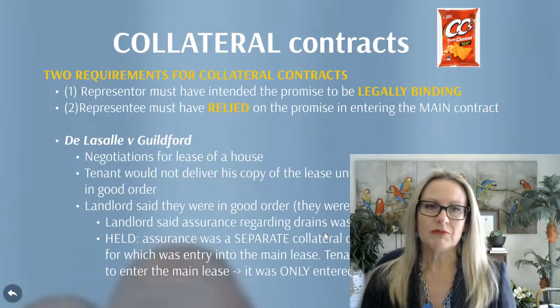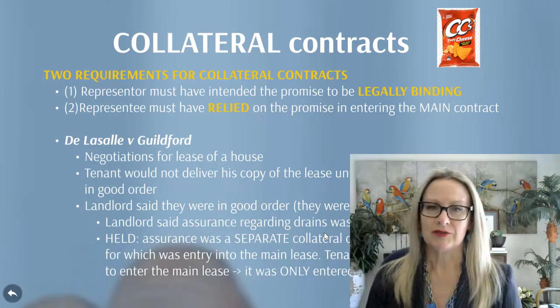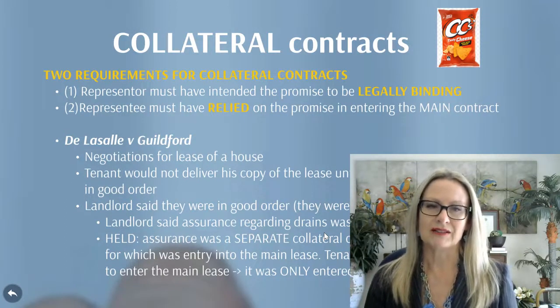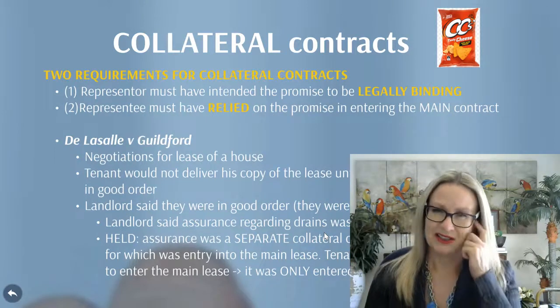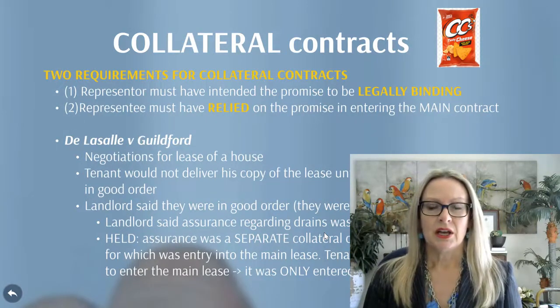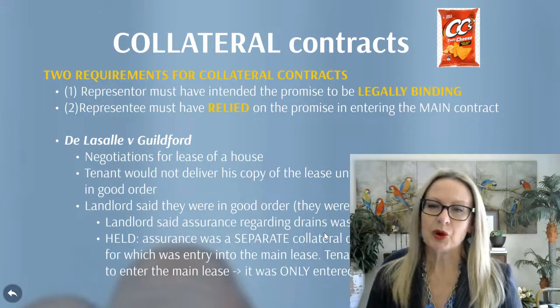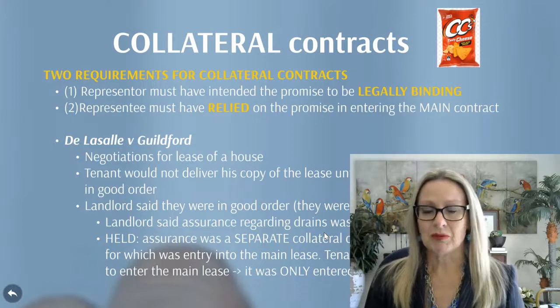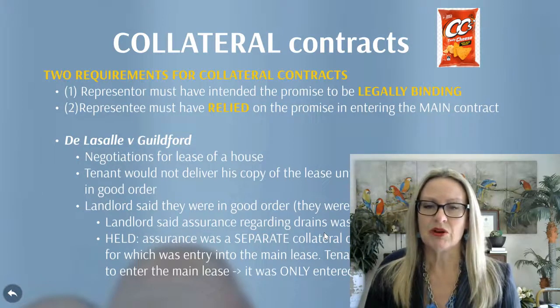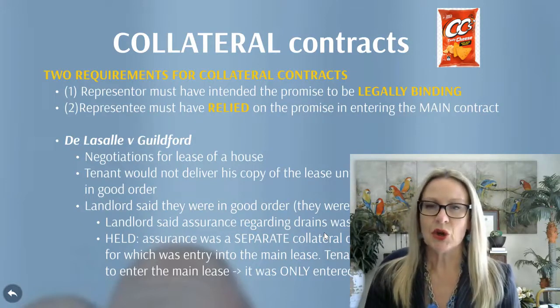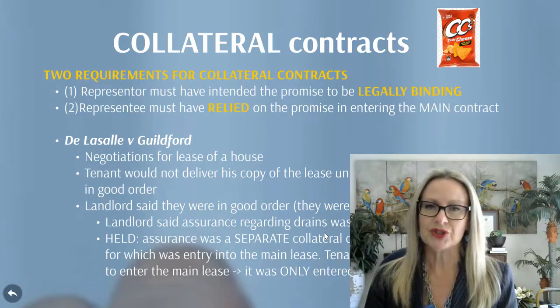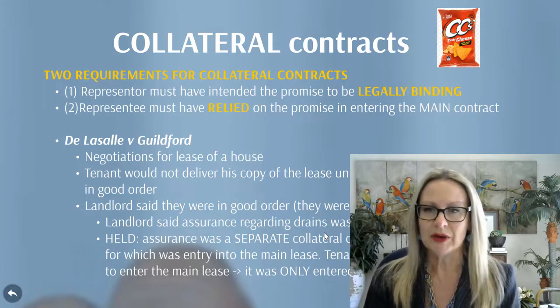Okay, so the two main requirements for introducing collateral contracts, and these are just common sense really, nothing terribly tricky here. Firstly, the representor must have intended the promise to be legally binding. Now, if you think back to what we were just saying about the parole evidence rule, it just makes sense, doesn't it? Because the parole evidence rule is going to exclude anything else apart from the written terms if the parties intended those written terms to constitute the whole of the agreement between them.